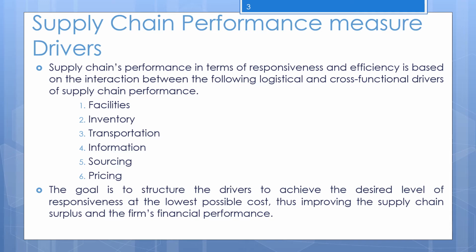And processing idle time, which measures the fraction of time that the facility was processing units, being set up to process units, unavailable because it was down, and idle because it had no units to process. Average production batch size, which measures the average amount produced in each production batch.